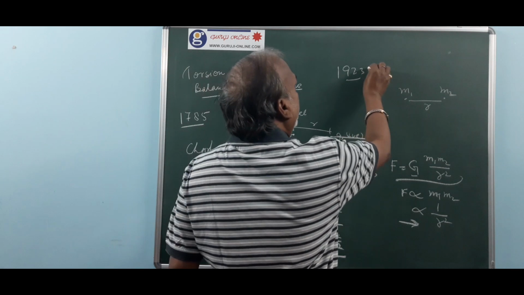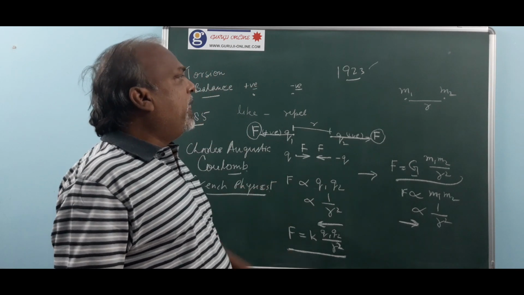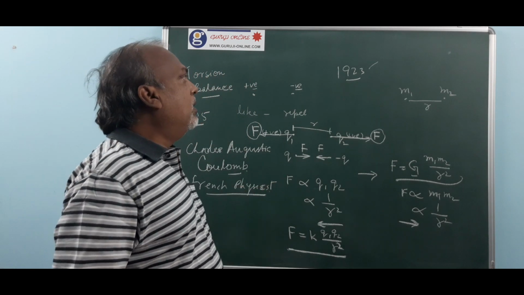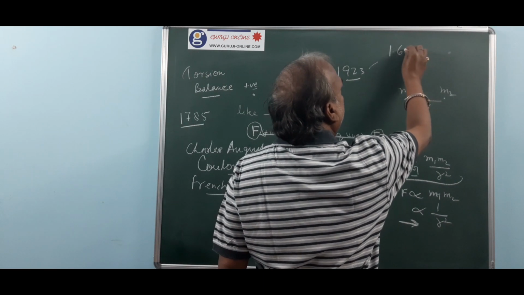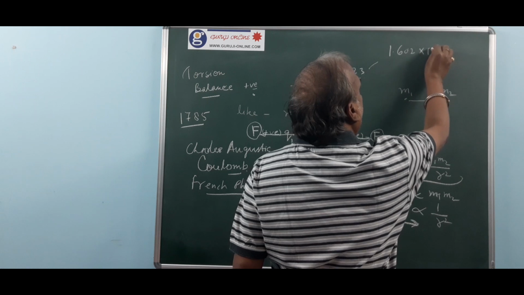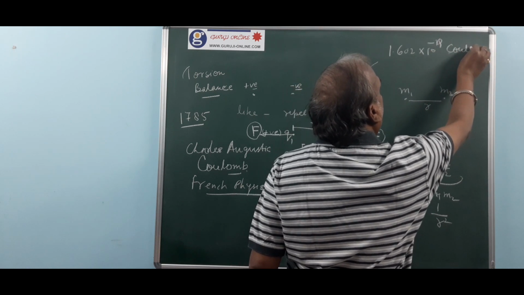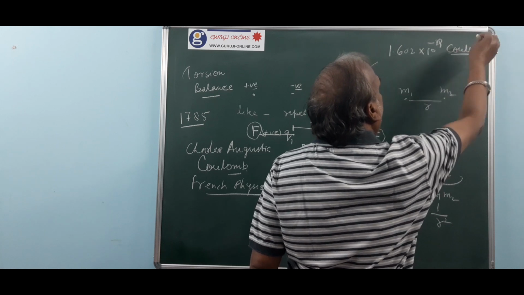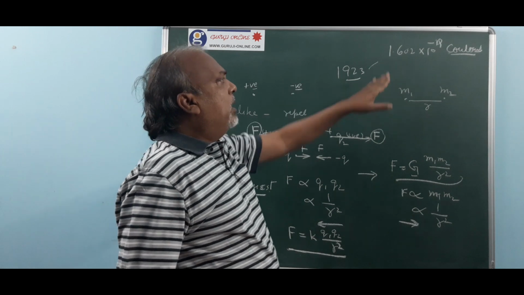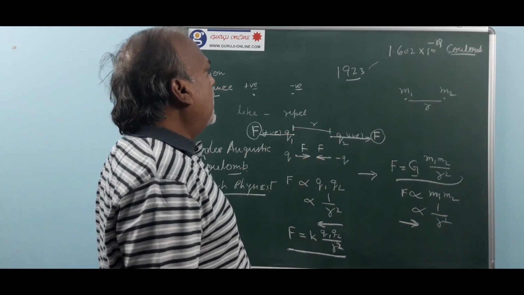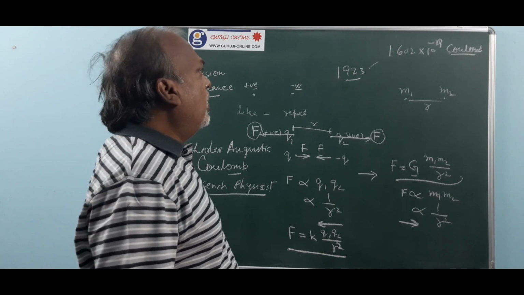In my previous lecture, I told you that Millikan determined the value of the electron charge, 1.602 times 10 raised to minus 19 coulomb. Only then could we find out the value of the electron. Till then, we were just talking about the charges, but we did not know the value of the charge.